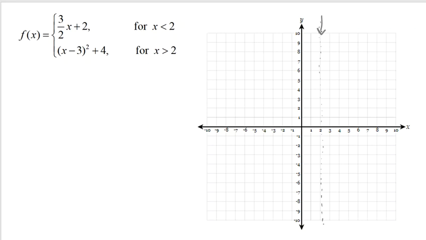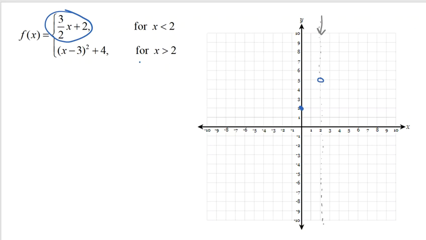So on the left-hand side, I need to use the top graph. On the right-hand side, I need to use the bottom function or the bottom piece. All right, so this is just a line, a very easy line. Here is the y-intercept of 2, follow the slope, up 3, right 2. Now I'm going to have to put a hole there because I just realized that I'm never allowed to use 2. Check this out.